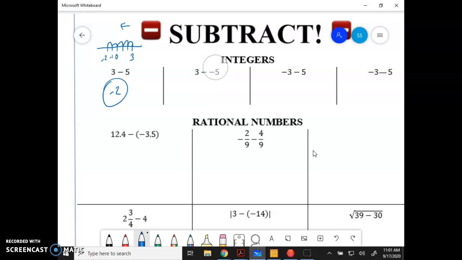But again, if you typed this in your calculator, I would never type in these back-to-back negatives, but if you do, if you type in 3 minus -5, you will get the right answer, which is +8.